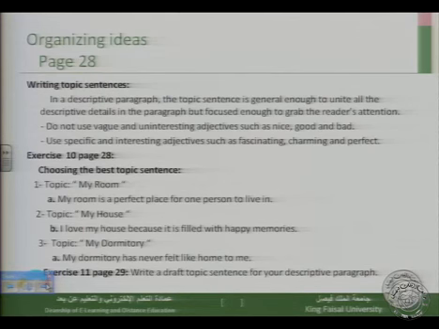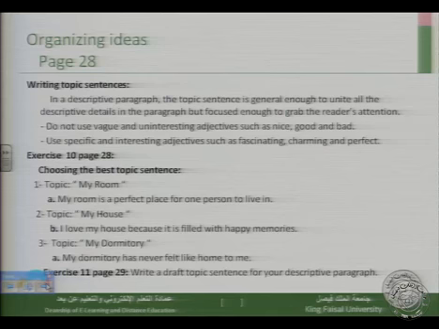So here, our topic sentence should be general enough to make us speak about all the details that we want to mention in the paragraph. And also it should be focused enough in order for us to grab the reader's attention and to make the reader aware of what we are going to describe.